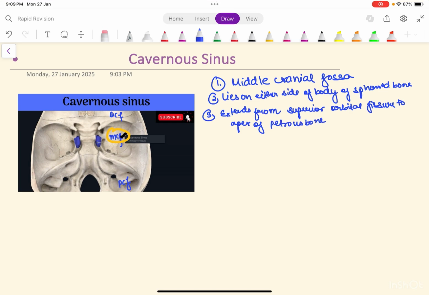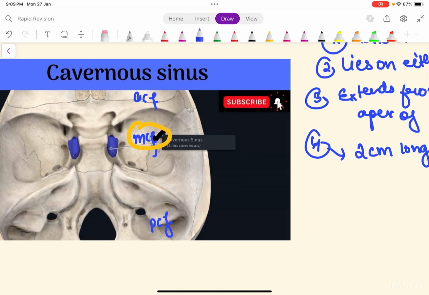You can remember, if you want to, that it is 2 centimeters long and 1 centimeter wide. Now see, I am talking about this.